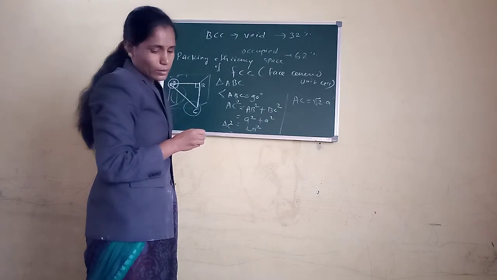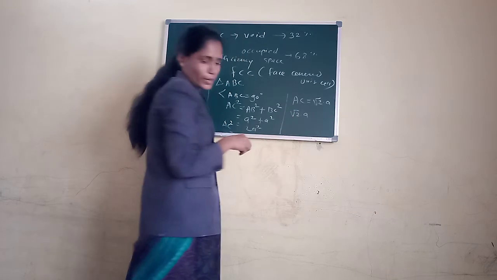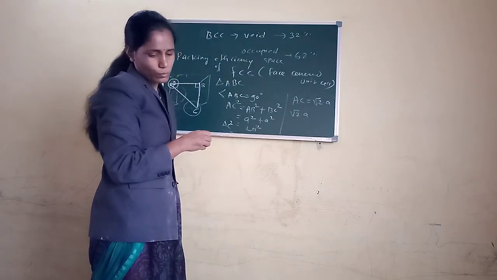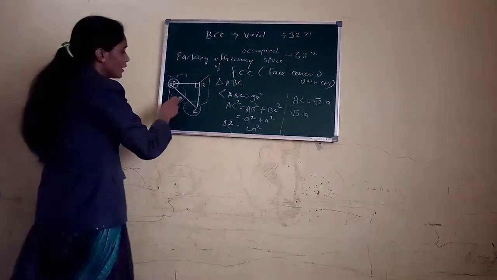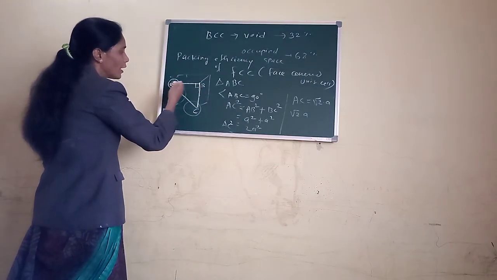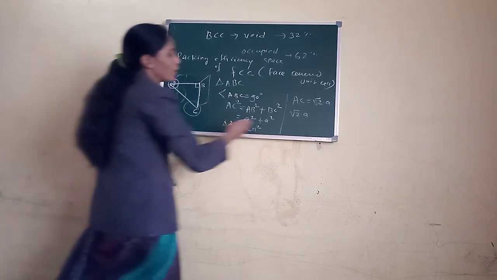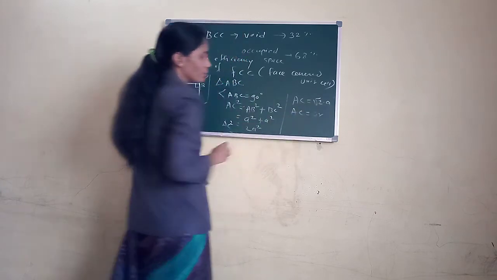Again, root 2 A is equal to 4R. From the diagram, AC has a distance double that of BC and AB. Therefore AC is equal to 4R.